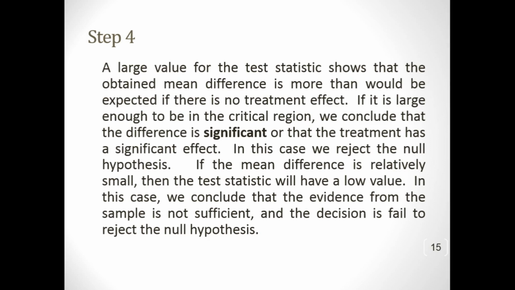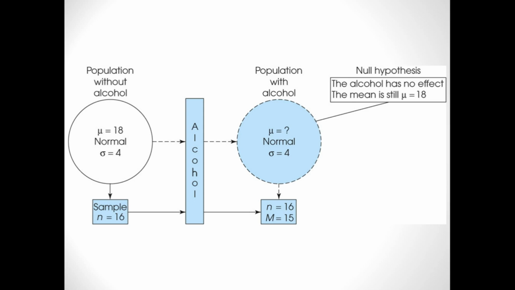So you have an illustration of the population, for example, without alcohol, which has a mean of 80, normal distribution with standard deviation 4. We have a sample of 16 persons.